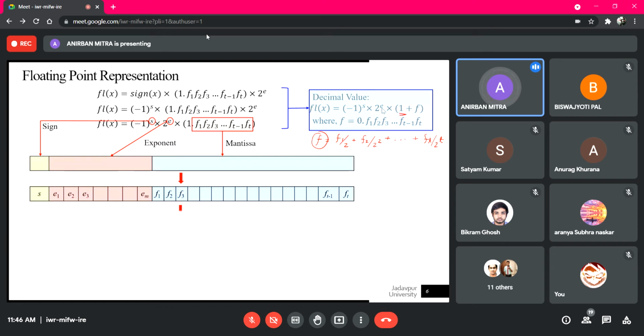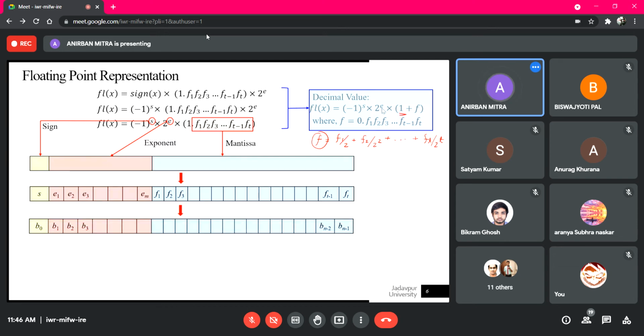So the total number of bits required for this representation, if we start with B0 on one end and go up to Bn-1 on the other end, we have a total of n number of bits. And this n is made up of the bits required for sign, the exponent, and the mantissa.